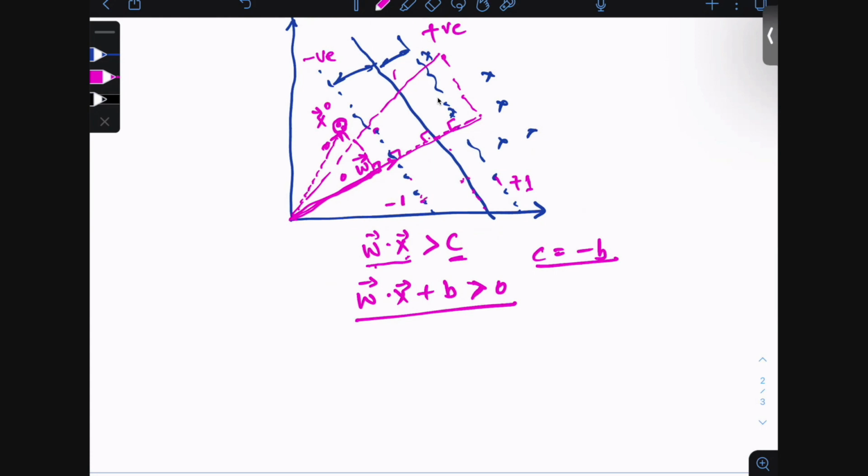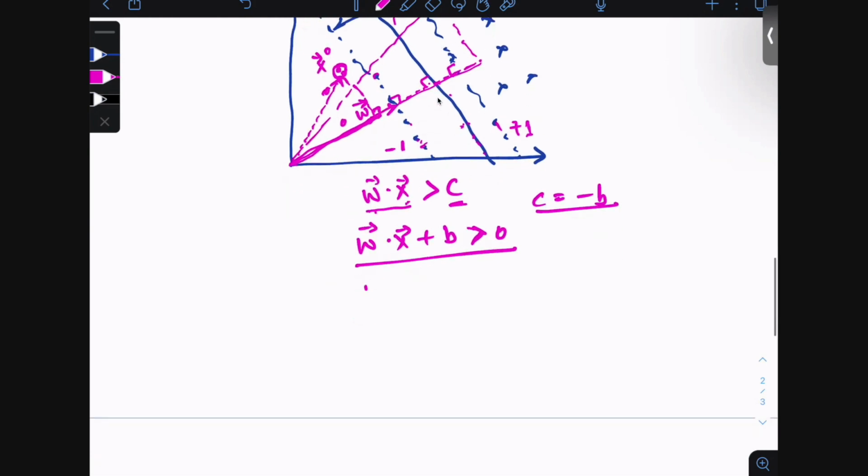I will say the left side margin is -1. How will we write this equation? We'll write that W dot product of X plus B, if it is less than -1, then it's a negative class, right? It is lying on the left side of the margin also.